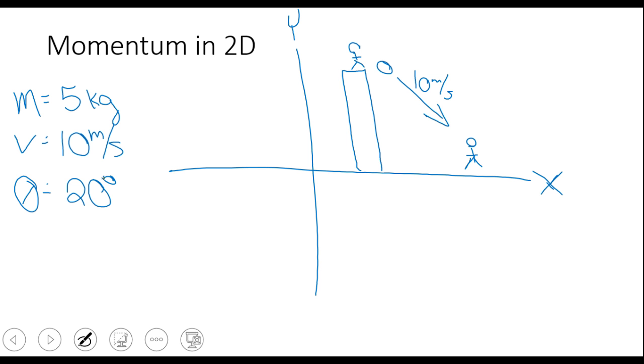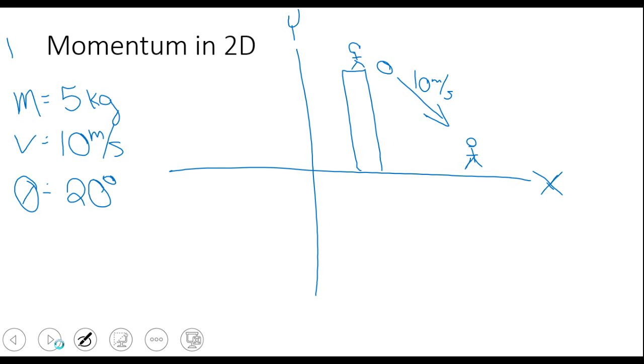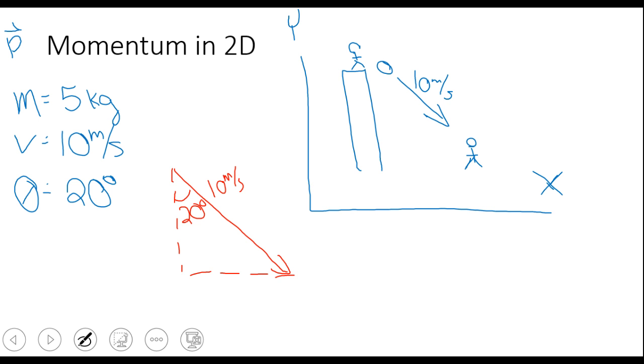Just like velocities and accelerations have x and y components, momentum is a vector, and guess what? It can have x and y components, and we need to be able to separate those out. At this point you should have guessed what we're going to have to do. Welcome back, trigonometry.